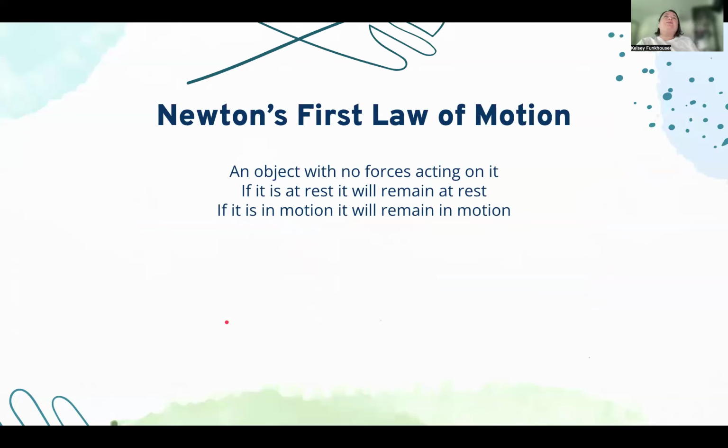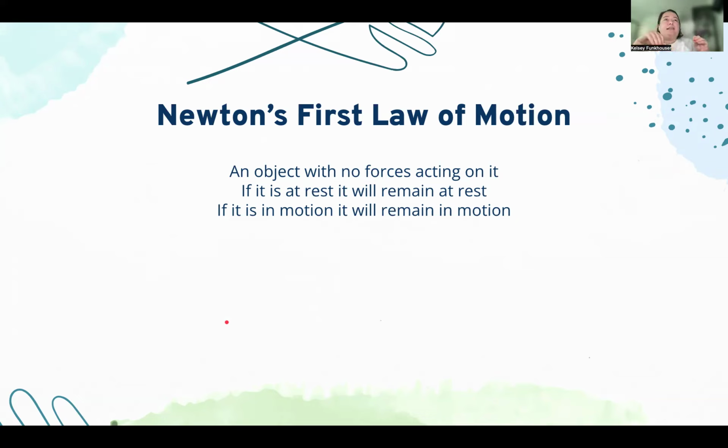So now Newton's first law of motion says that an object with no forces acting on it, if it is at rest, will remain at rest, and if it is in motion, it will remain in motion. What you want to think about with this really is that forces are required to change motion.